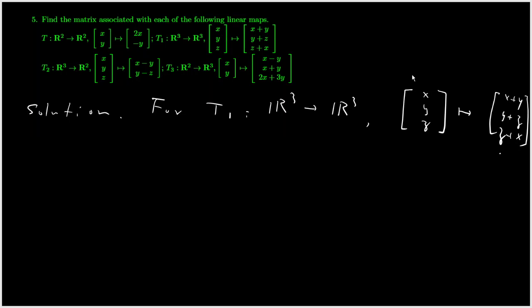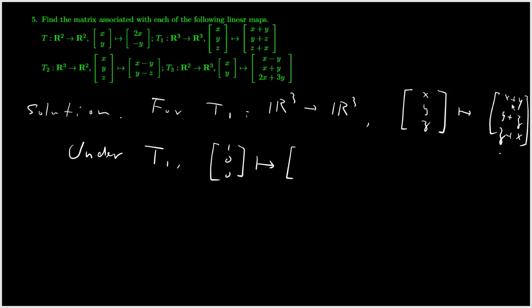The idea is to get the matrix associated with T1. In order to do that, we need the outputs for i, j, and k, right? i is the vector with 3 components, (1, 0, 0), right? (1, 0, 0) goes to, you treat the x value to be 1, y value to be 0, z value to be 0.